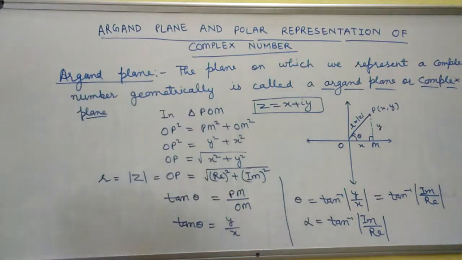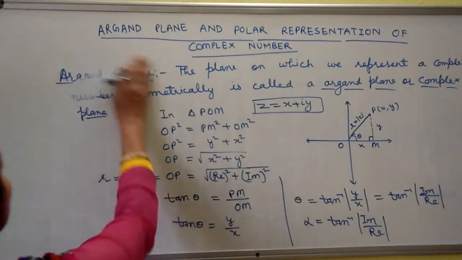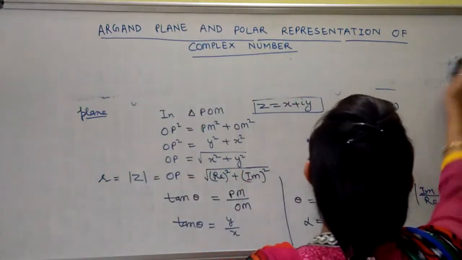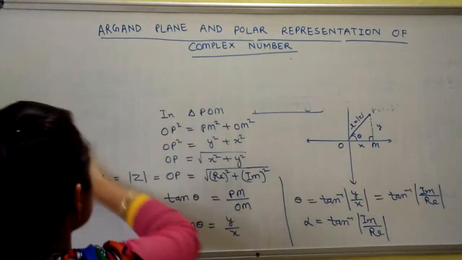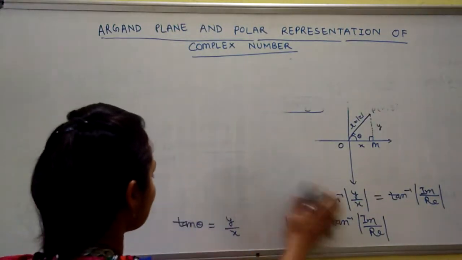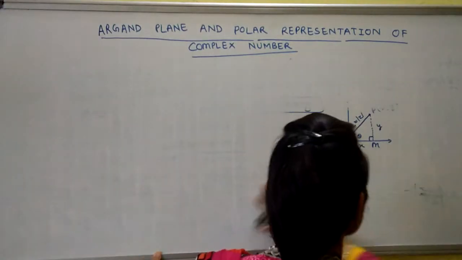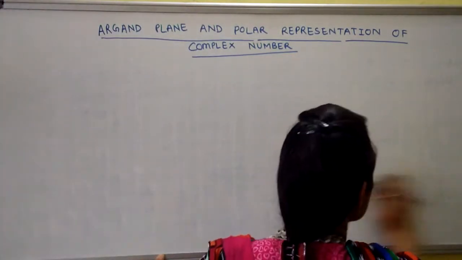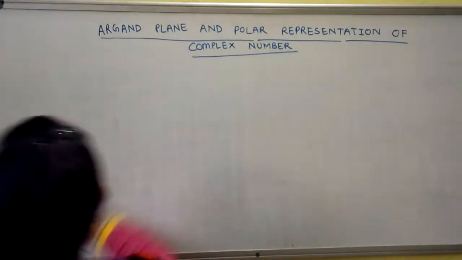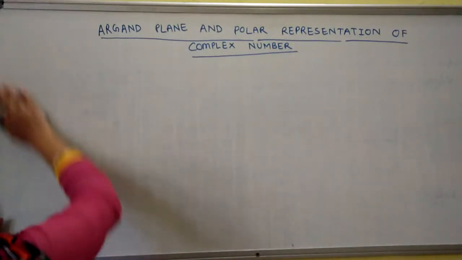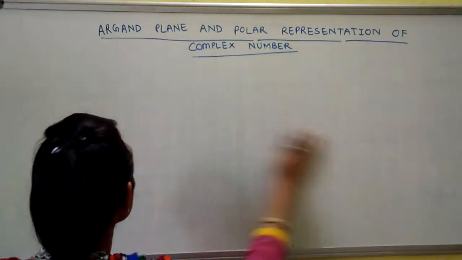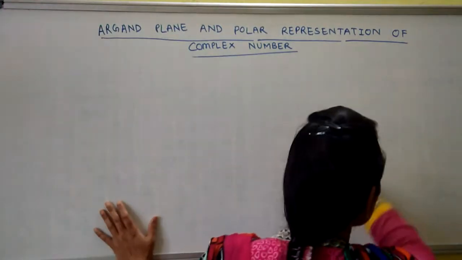Now come to the different angles when it lies in different quadrants 1, 2, 3 and 4. I will talk about the 4 quadrants, or 4 different complex numbers.